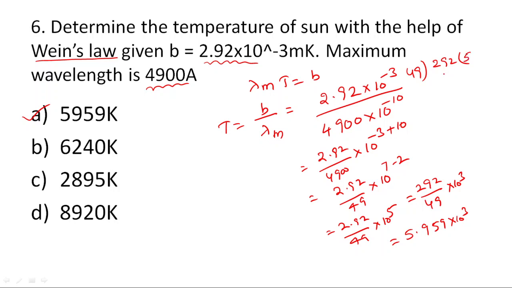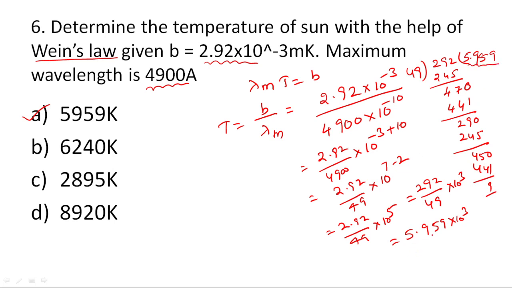So it should be 5 times 49, which is 245. Subtracting gives 470, again 9 times, 441, leaving 290. Again it's 5 times 49, 245, another 45 is coming, 450, so again it is 9, 441. So it is enough for us.